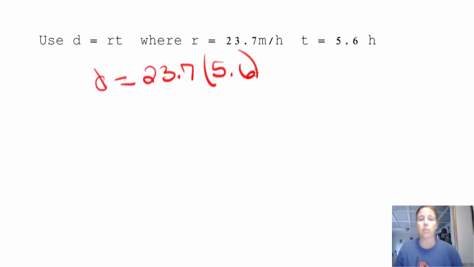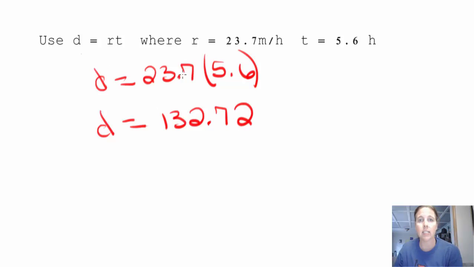We just have to multiply these together. I probably will let you use your calculator for this. So your answer is distance equals 132.72, and this is miles an hour, so we would say miles. If this said kilometers an hour, then you would write kilometers.